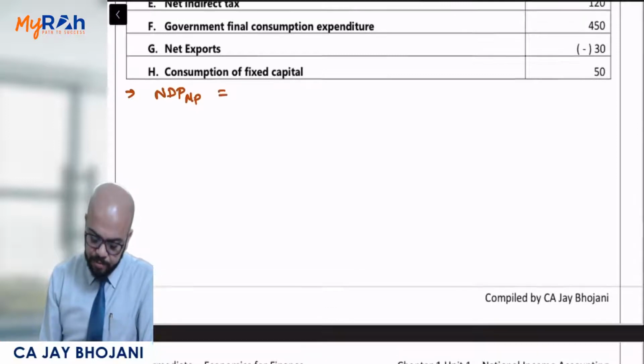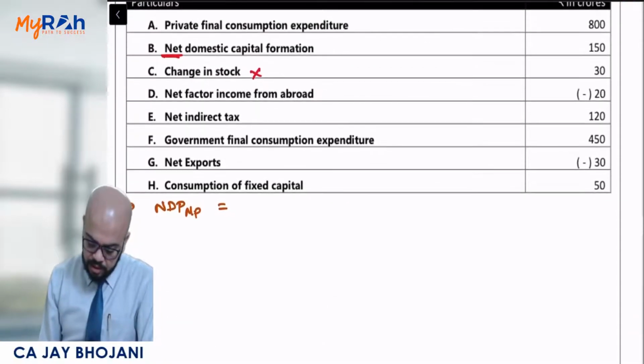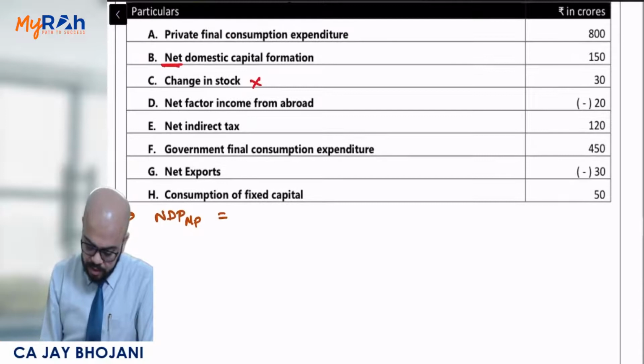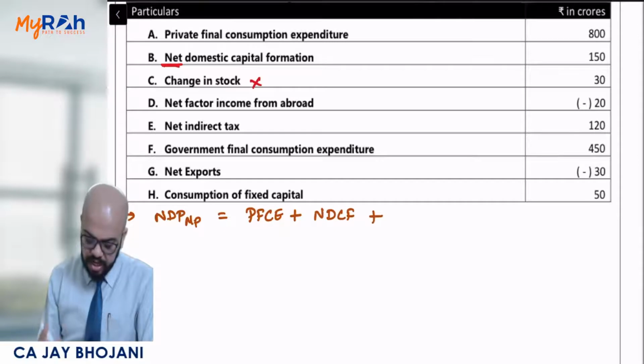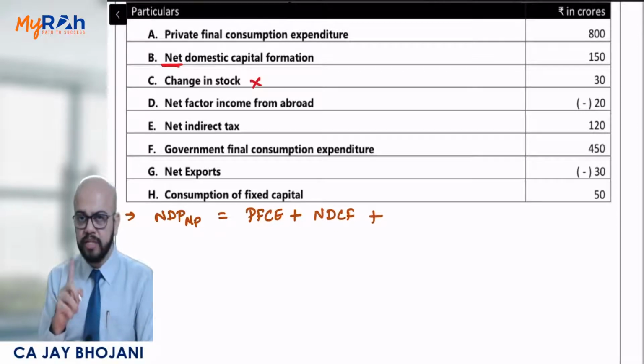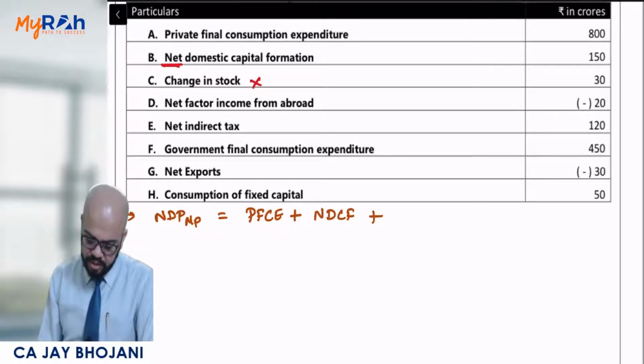So NDPMP will be what? PFCE plus NDCF. Please do not add change in stock, okay? Change in stock is already there in NDCF. We don't have to add it again. So no change in stock.